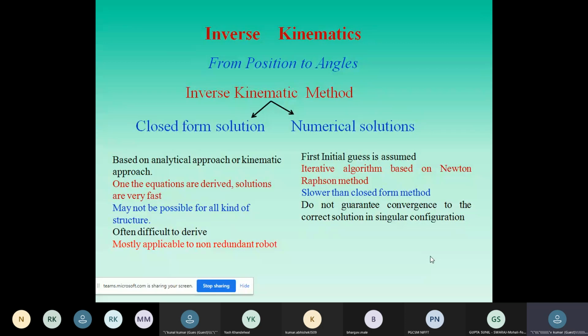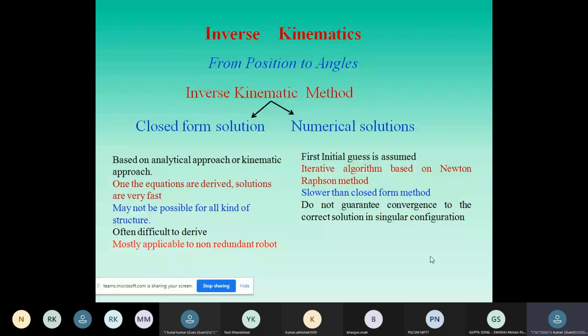Inverse kinematics may be found by two methods. One is called the closed form method, another is called the numerical method. What is the closed form method? It is based on an analytical, kinematic approach that I have taught you previously, where equations are derived.